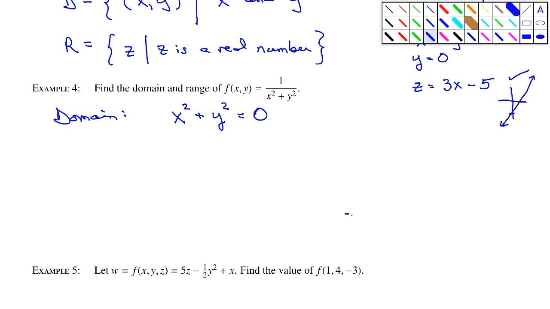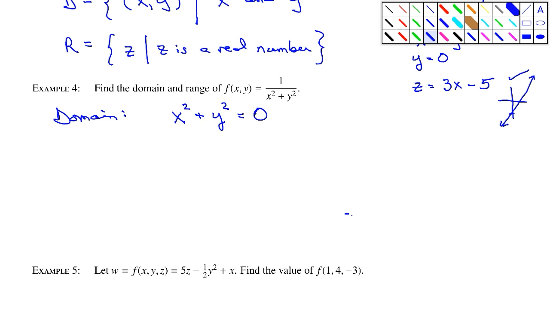Now, how is it possible that x squared plus y squared is equal to 0? Well, if x is any number other than 0, squaring it is going to be positive, and y squared is positive if it's not 0.